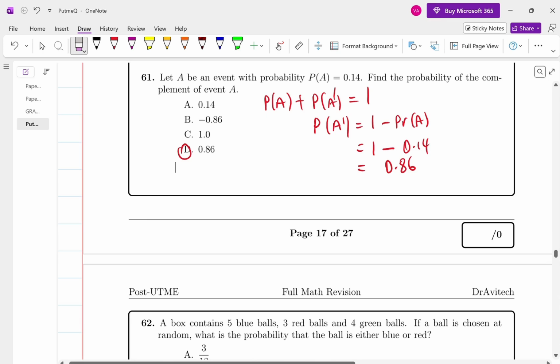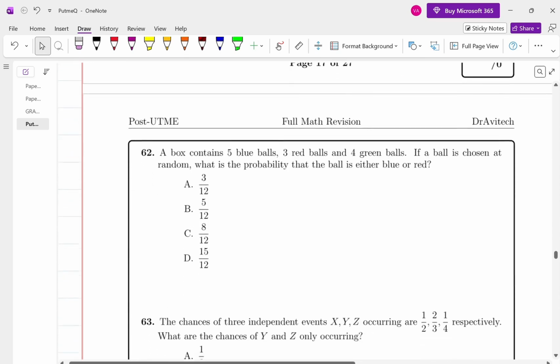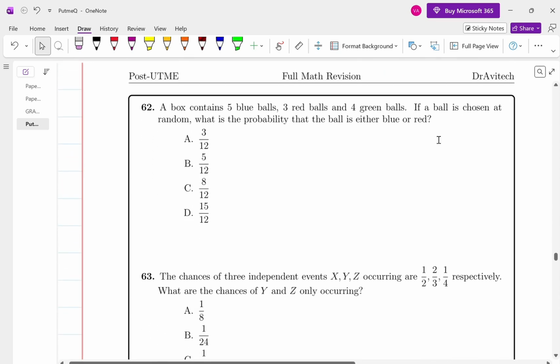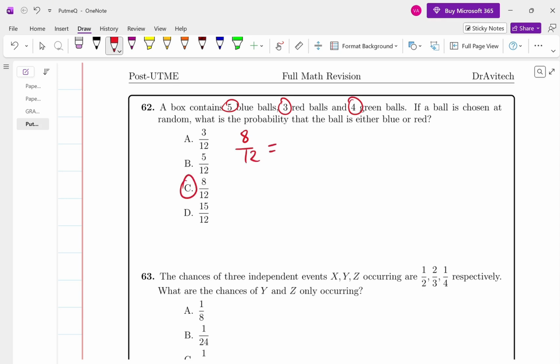Since we need to pick either blue or red, let's just add it up. So there are 5 blue plus red, which is 3, so that's 8 balls. Now, how many balls do we have in total? If we add the 4 green, that would be 12. So 8 over 12, which is C. It's even easy. So let's move on to the next one.